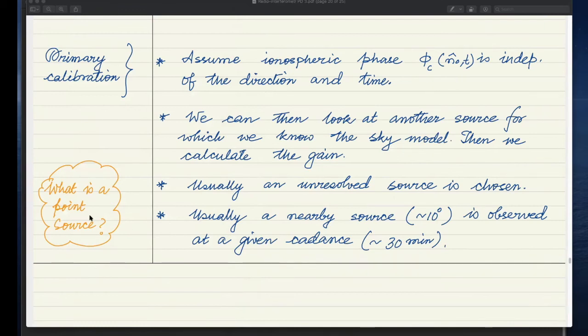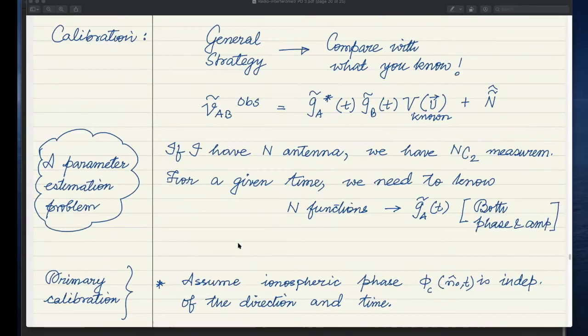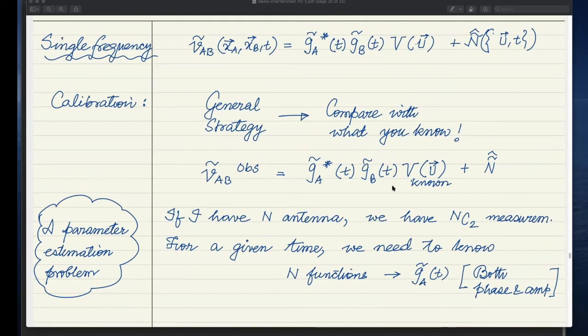And you observe at a certain time interval, which depends on the instrument, the ionosphere above the instrument, and the frequency of observation. So that is how you do primary calibration, which takes out this direction independent part of the gain, which is also not a function of frequency.